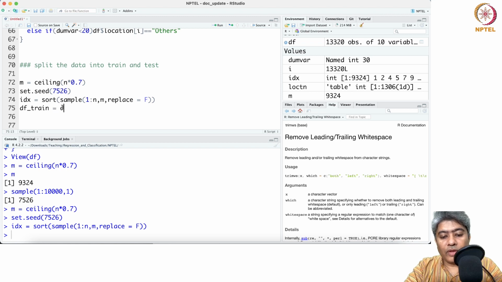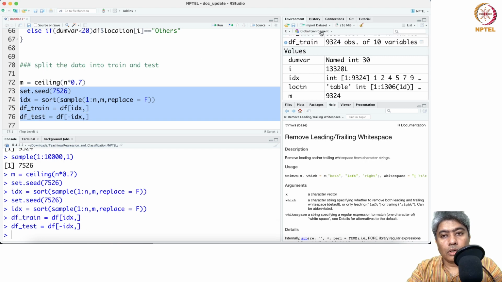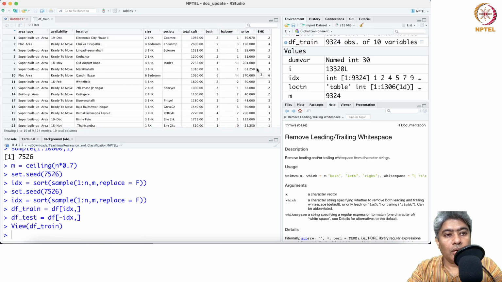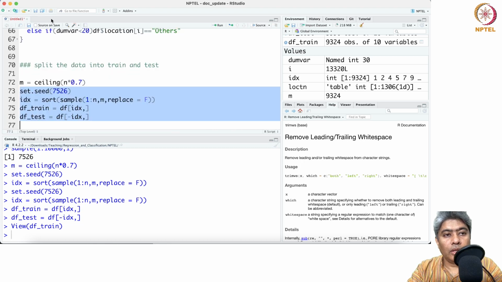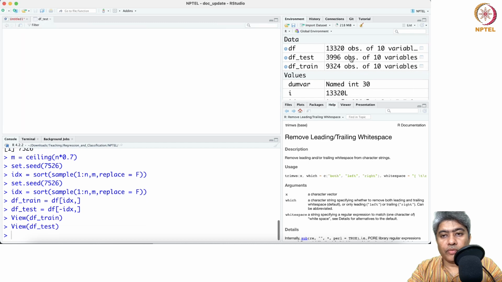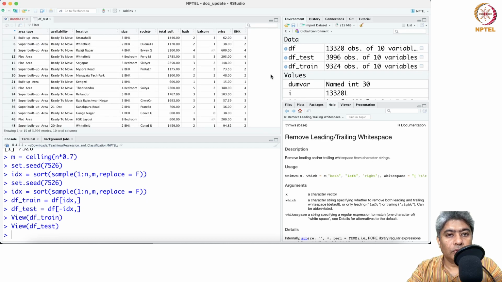So df train will be df with these IDs comma, so these are the row values and all columns will come in, and df test will be minus of these IDX. So now this is df train, and this is df test.